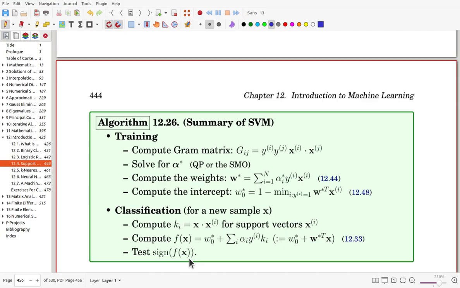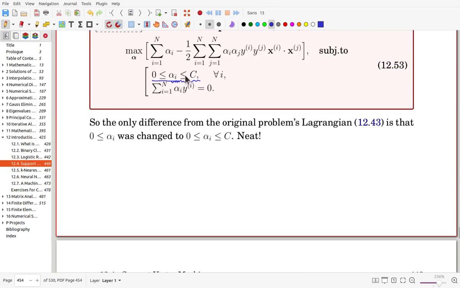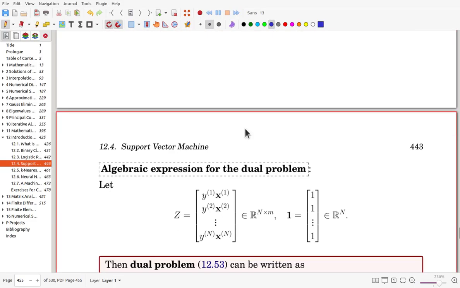That's the summary of the support vector machine, either for the linear support vector machine or for soft margin classification. The only difference is that we have an upper bound C for alpha I. Except for that, everything else is the same. So for an inseparable data set, you can do good classification.